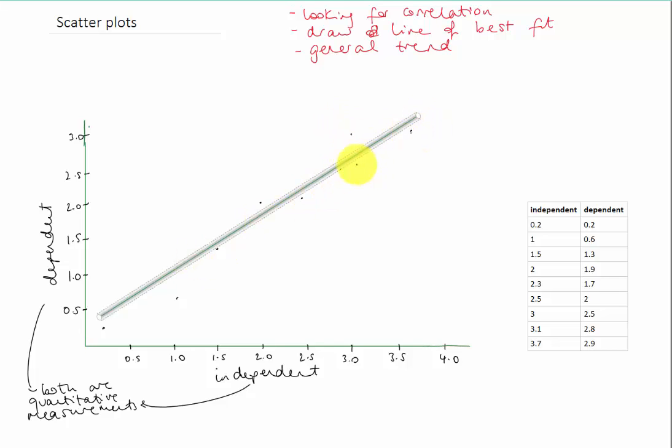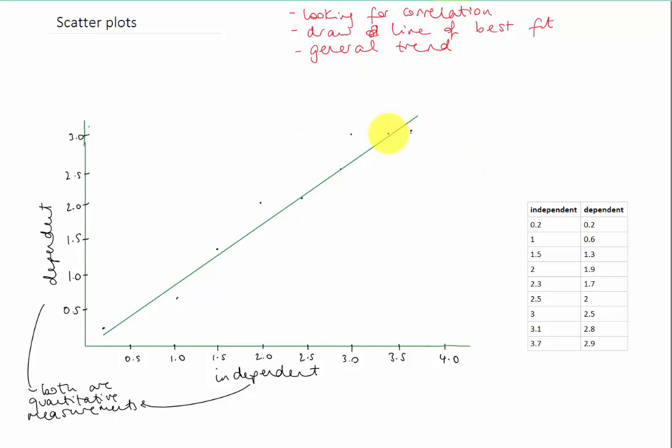So you've got 1, 2, 3, 4, 5, 6 underneath, only 2 above. That's no good. How about if I put the line back like this? 1, 2. That looks pretty good. And then we've got these 2 points that are quite nicely on the line of best fit. Then these are quite far away.